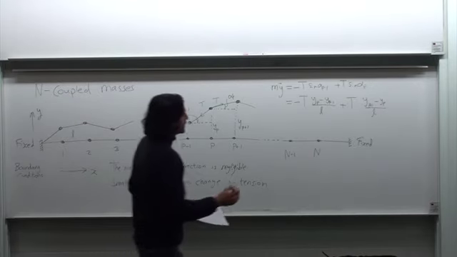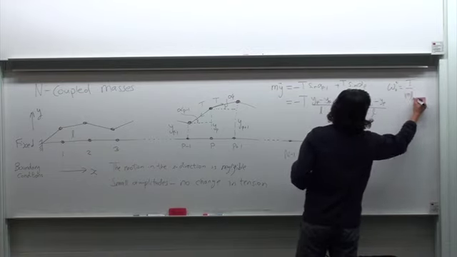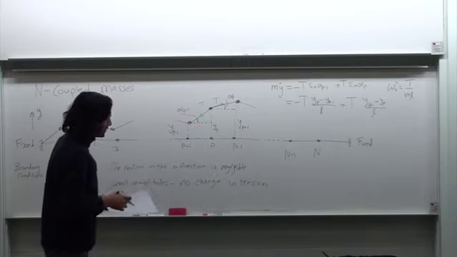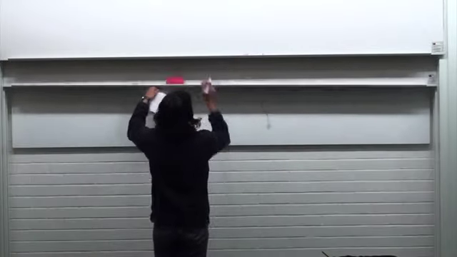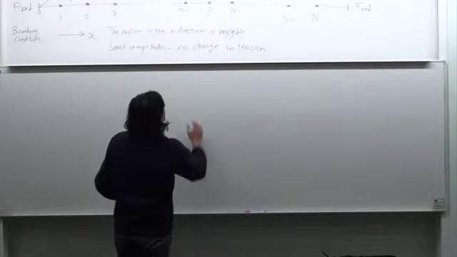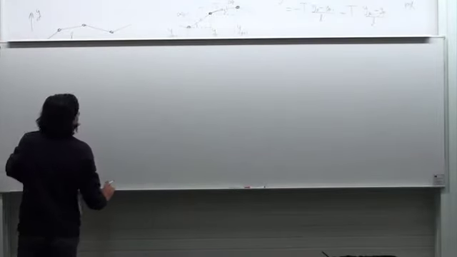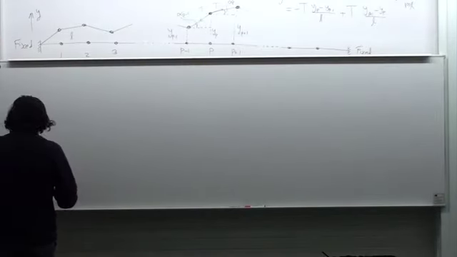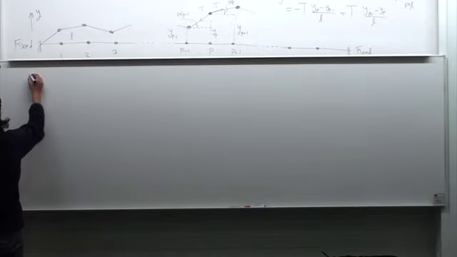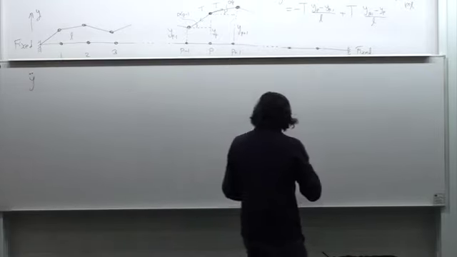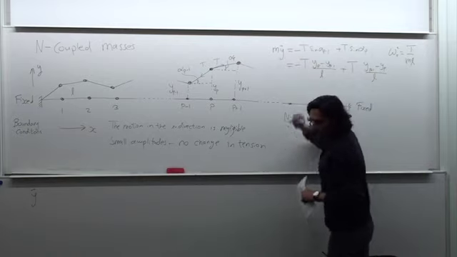You can define omega 0 squared as T over mL, which makes things simpler. So we can write now y double dot at point p, so I should write p here also.